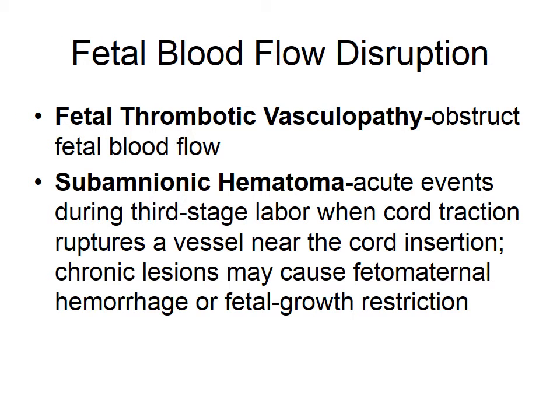Now let's talk about fetal blood flow disruption. Fetal thrombotic vasculopathy. Deoxygenated fetal blood flows from the two umbilical arteries into arteries within the chorionic plate that divide and send branches out across the placental surface.